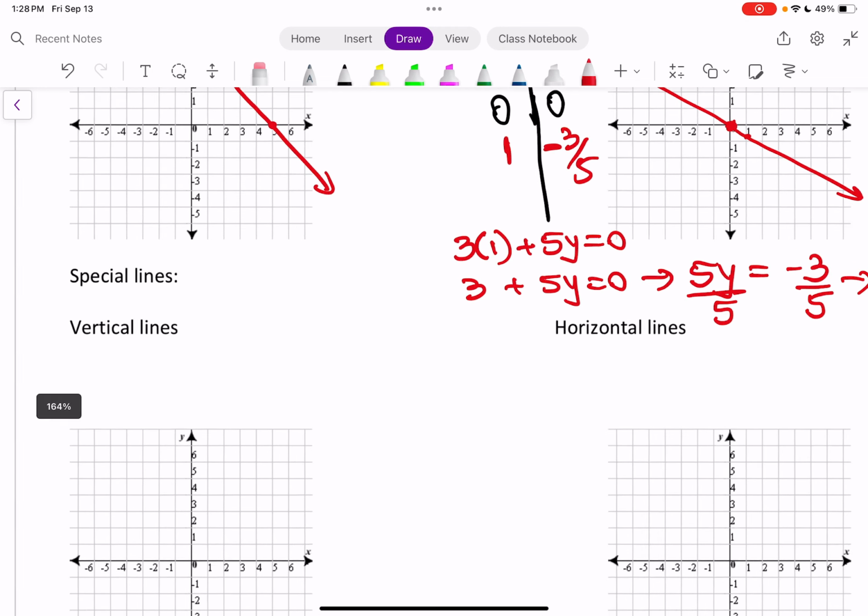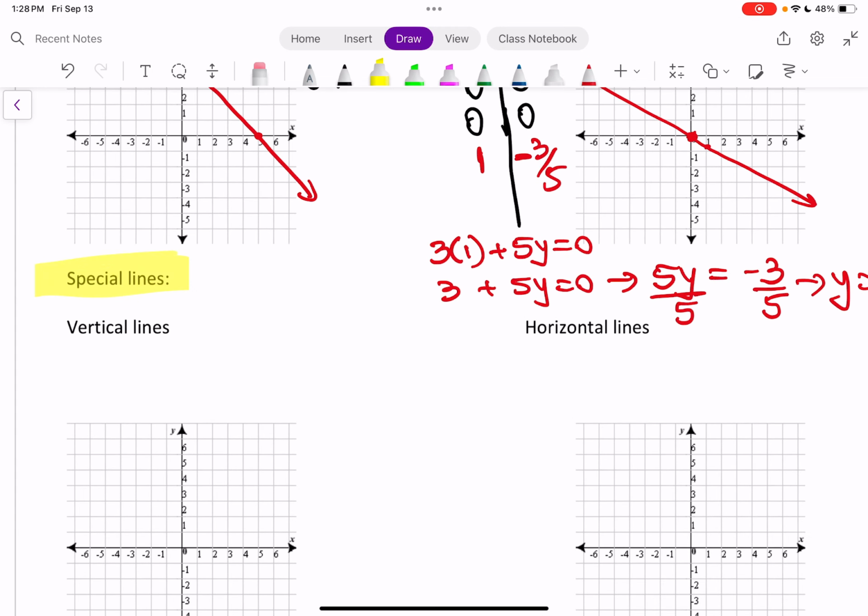Okay. Here are some special lines. These special lines actually do not have both variables in them. So let's say I'm looking at the equation x equals 4. That simply means 1x plus 0y equals 4.